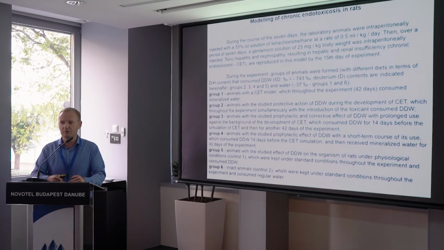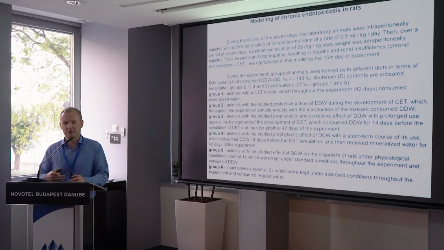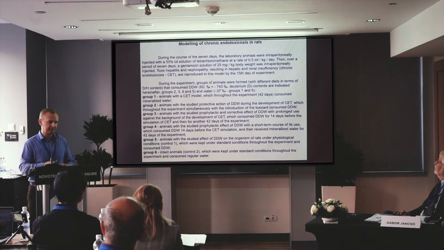This group was the worst in the experiment, and the best group showed good results. It was the group that started to drink deuterium-depleted water 14 days before starting to model endotoxicosis.